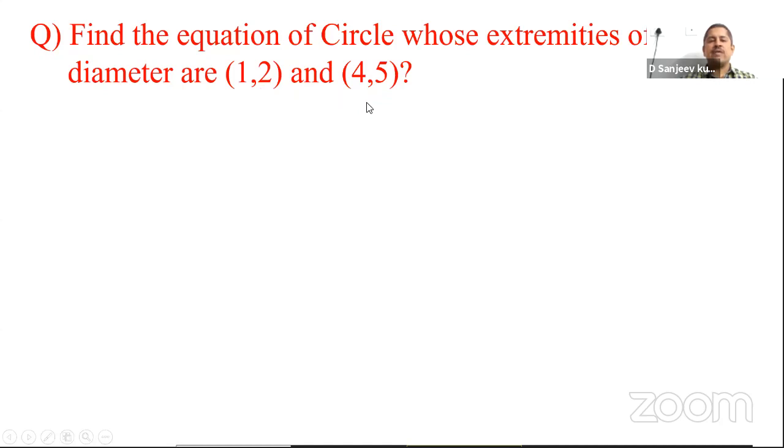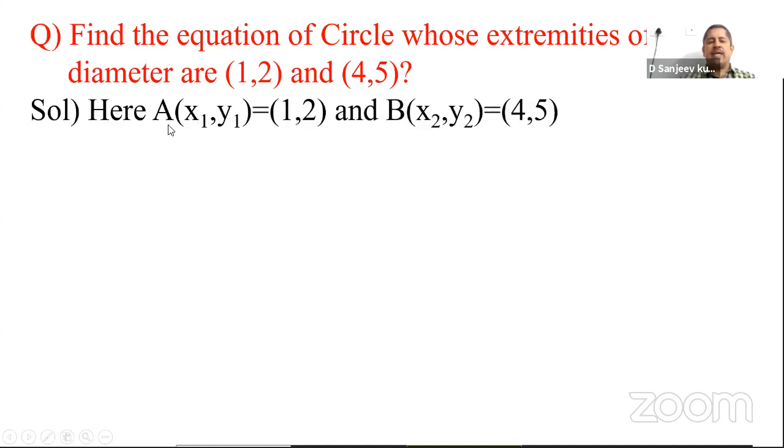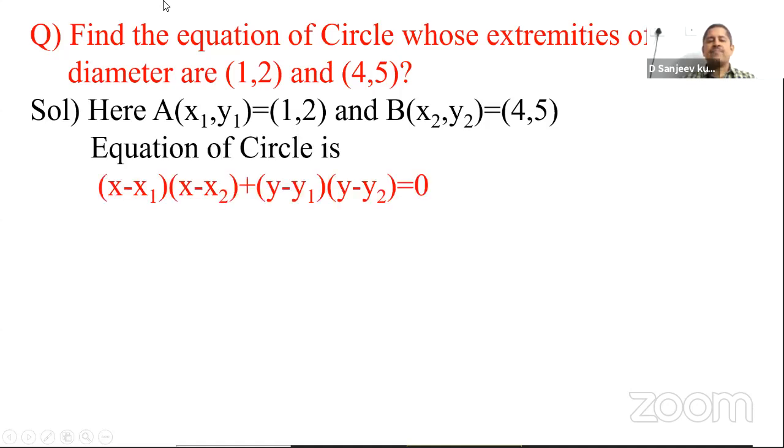So what is given in the problem here? A is given as (1, 2), so you call A as (x1, y1), and the second point B, (x2, y2), as (4, 5). Now, what should be the equation of the circle if the diameter extremities are given?